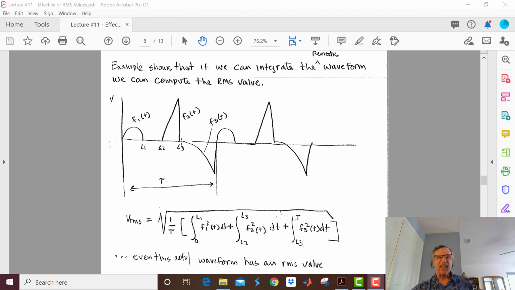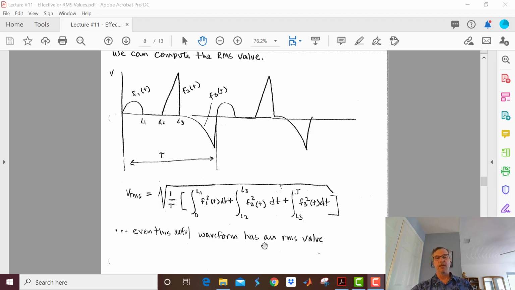And I can't really tell where this one starts, so let's start integrating at L3 right here, L3 all the way up to T, and we're going to square f3. So you look at this and you say, yep, even this waveform has an RMS value.